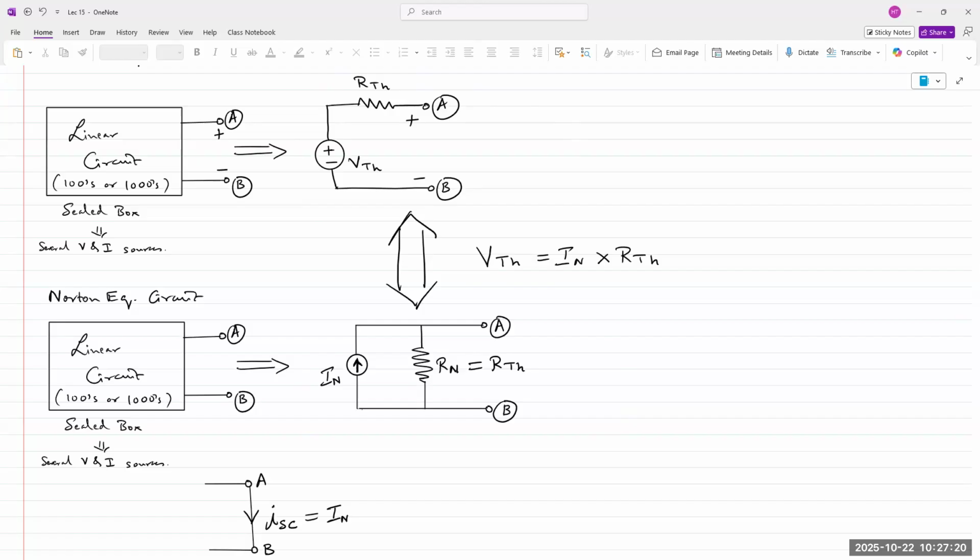So that, in brief, is an explanation of what these two equivalent theorems are, Norton and Thevenin. Again, it's an important concept in circuit analysis, but it is not an analysis technique per se. After learning about these theorems, we can apply them to many different circuits to analyze for other quantities. But in order to obtain these, we apply the techniques that we have already learned in the past.